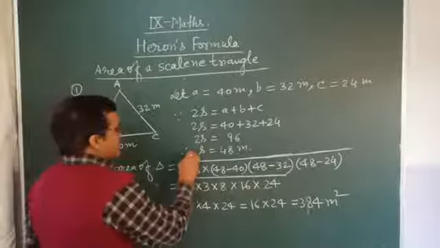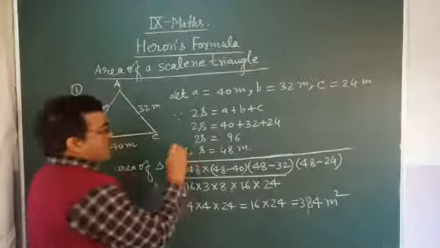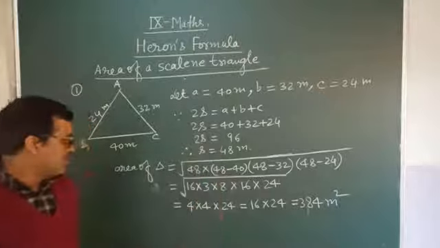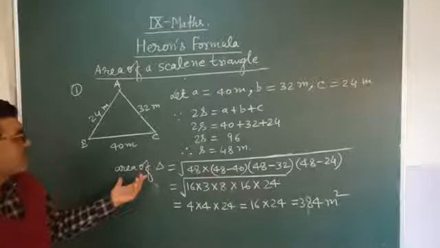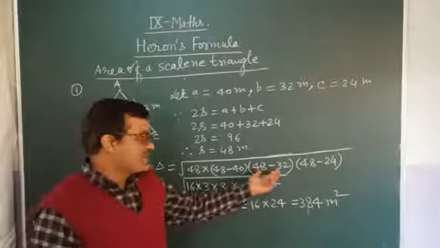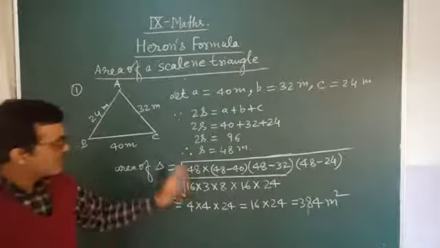Therefore, s is equal to 96 upon 2, 48 meter. Now we use Heron's formula, area of triangle is under root s into (s minus a) into (s minus b) into (s minus c).